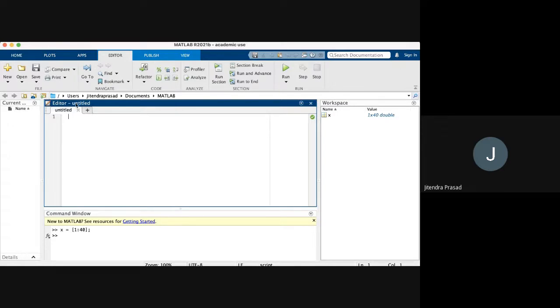Again, I tell you that I'm using MATLAB after a very long time, I just use it once in a while, and I was using Scilab. I used MATLAB long back, but still these are easy ones. So we can use it like this.